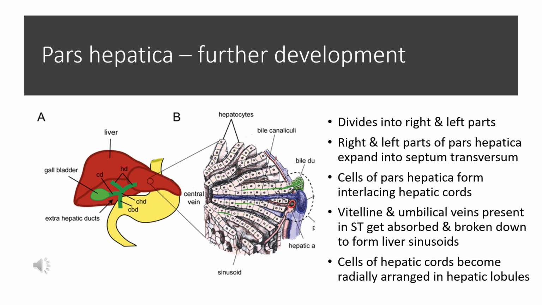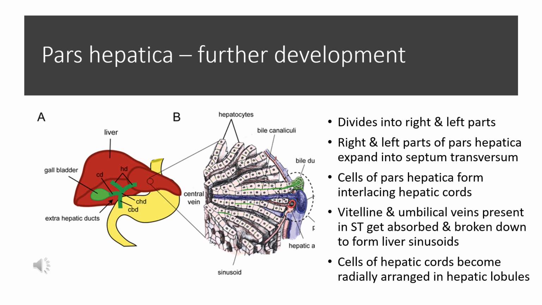The pars hepatica further on divides into the right and left parts that form the right and left lobes of the liver respectively. As the right and left portions of the pars hepatica enlarge, they extend into the septum transversum. The cells arising from the right and left parts of the pars hepatica form interlacing hepatic cords or the cords of hepatocytes.